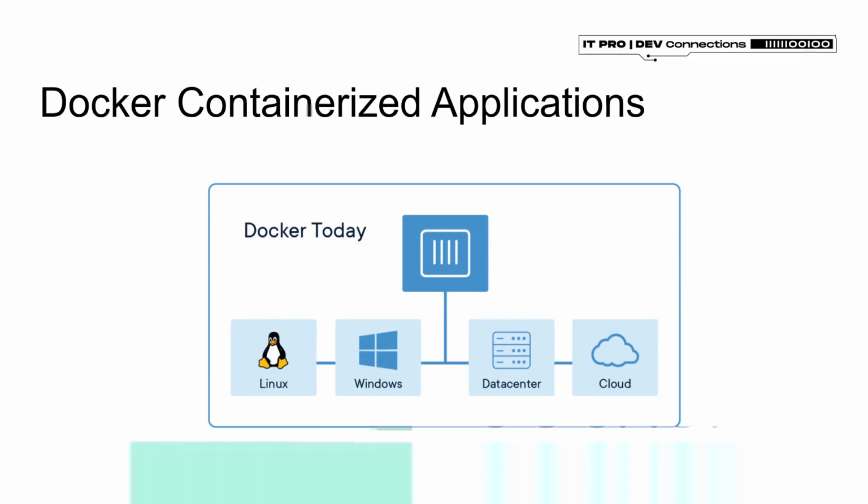Today, when we think about production systems, Docker is available for server environments, including Linux, Windows Server, and actually cloud infrastructure. For example, Azure has very good support for Docker if you need it.